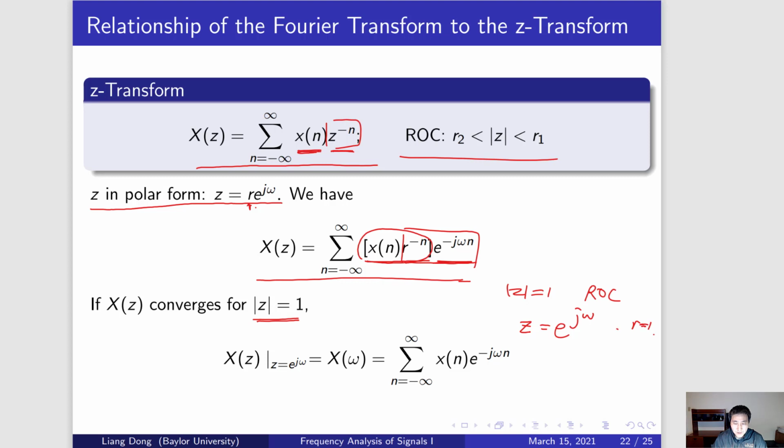Because it's in the region of convergence, we can discuss this term. So we evaluate my Z-transform X(z), the signal in the Z domain, on the unit circle where z equals e to the power j omega. That is equivalent to X(omega), the Fourier transform, the sum of x[n] times this core exponential e to the power negative j omega n.